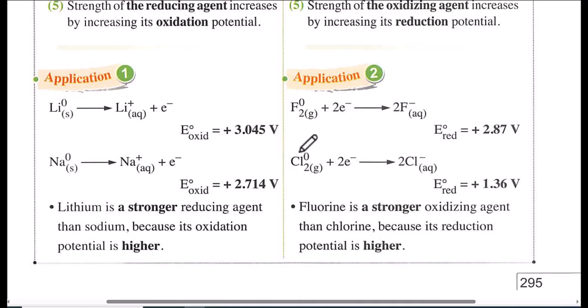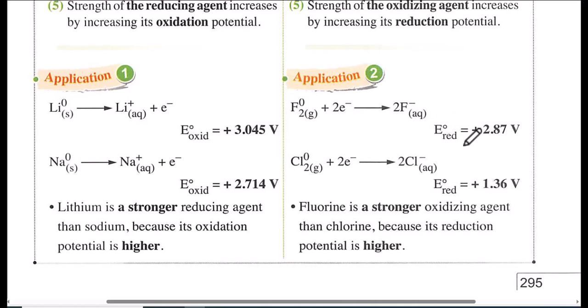On the other hand, fluorine is reduced into fluoride, its reduction potential is positive 2.87, and the reduction potential of chlorine into chloride equals positive 1.36. The reduction potential of fluorine is higher than the reduction potential of chlorine in value.